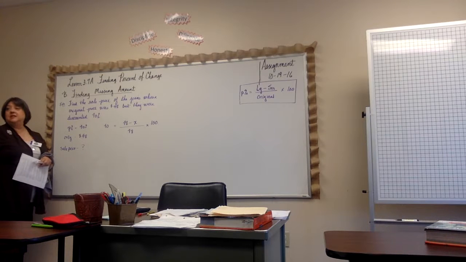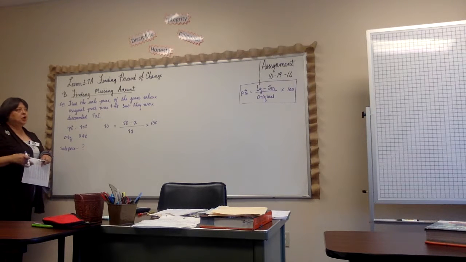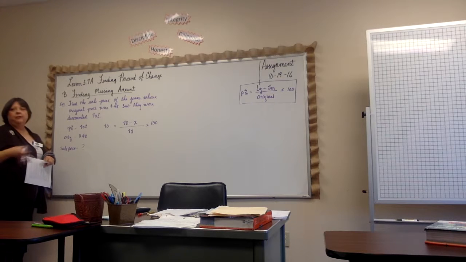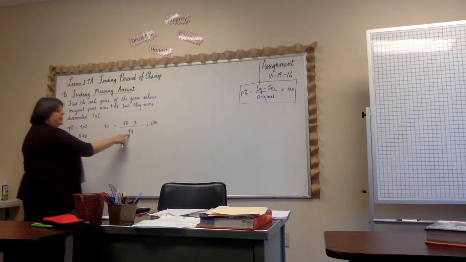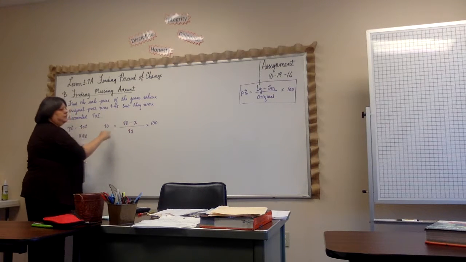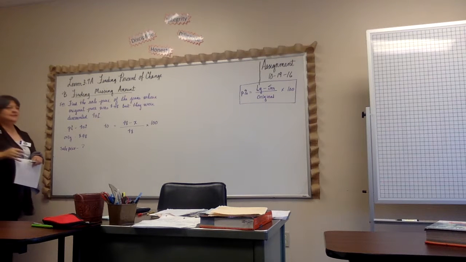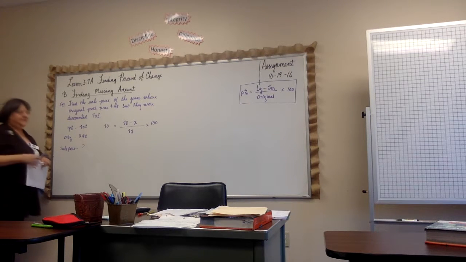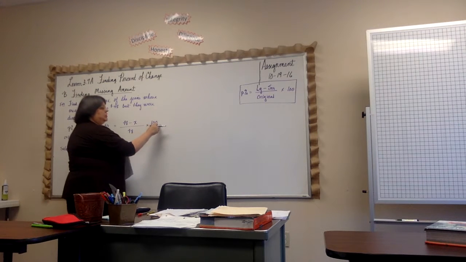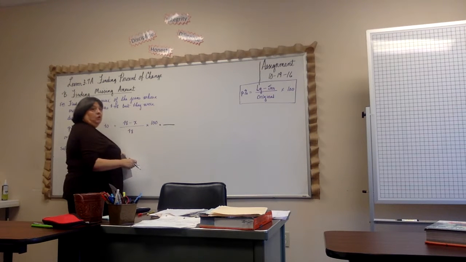Now, what would you suggest I do to get the X alone? It's got a lot of stuff around it. It's got this 48, it's got this 100, it's got this other 48. What do I need to do to get some of that stuff off? What would you suggest? You don't have a suggestion. Okay, what we're going to do, let's start with a reciprocal.